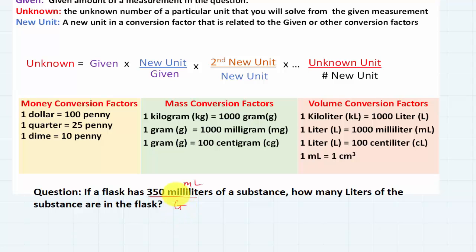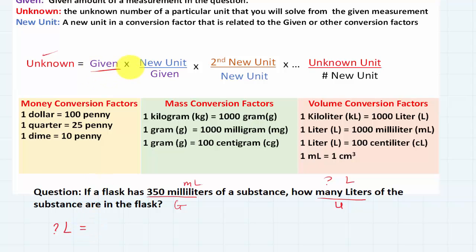And we are trying to solve for a question mark liter, which is abbreviated by the letter L. And that is your unknown. So let's solve this problem in a systematic approach that is described in these steps right here. First of all, your unknown is question mark liter.